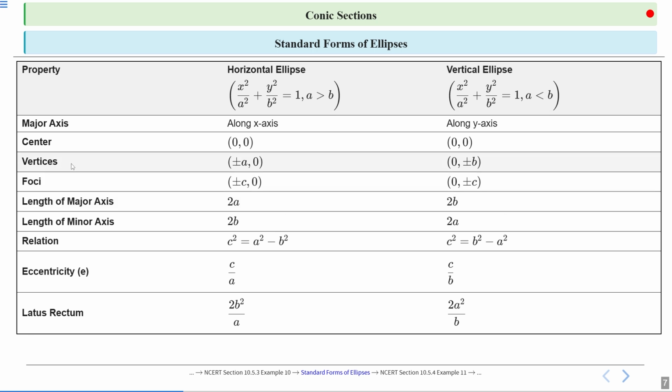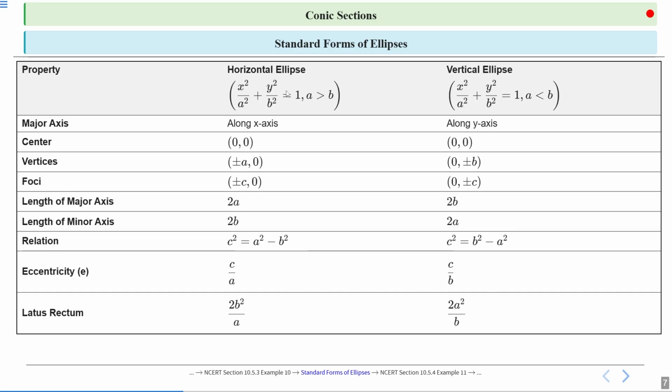Now find the vertices. For a horizontal ellipse, the vertices are plus minus a comma 0, and for a vertical ellipse, the vertices are 0 comma plus minus b.